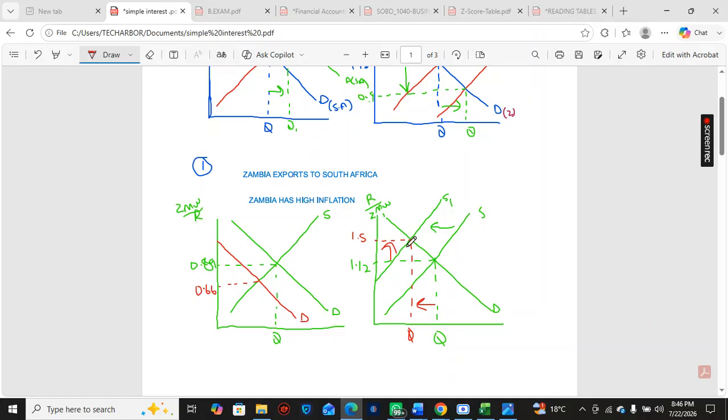When supply of a currency drops, the currency appreciates. As we can see in this example here, supply of the rand dropped, so the rand appreciated in relation to the kwacha. So when supply of a currency drops, the currency appreciates. Then when demand for a currency drops, that currency depreciates.